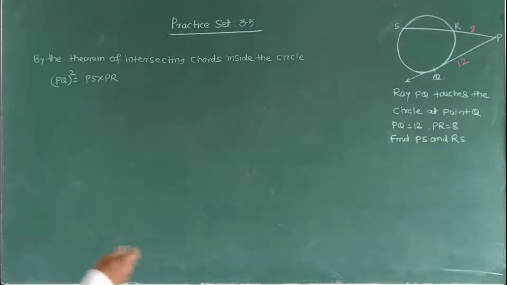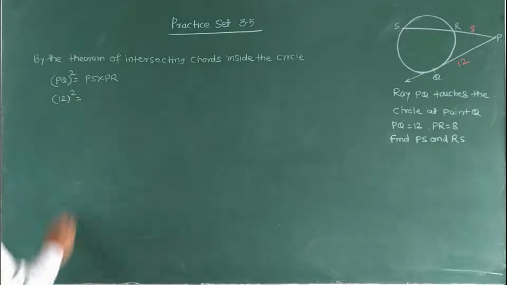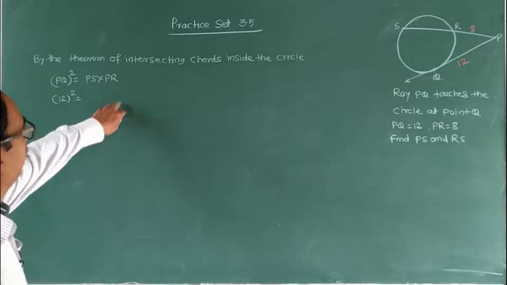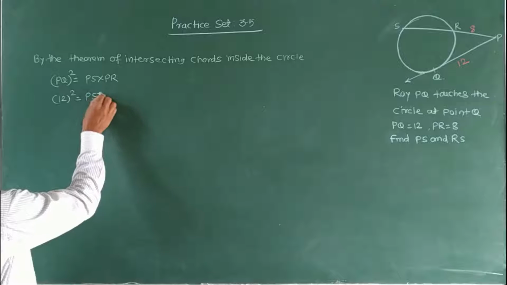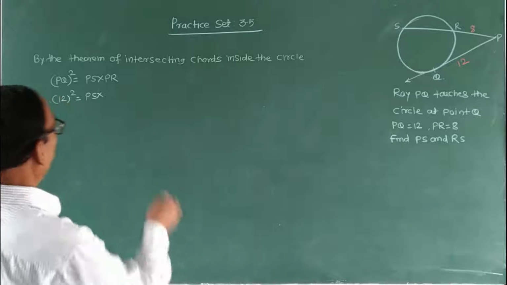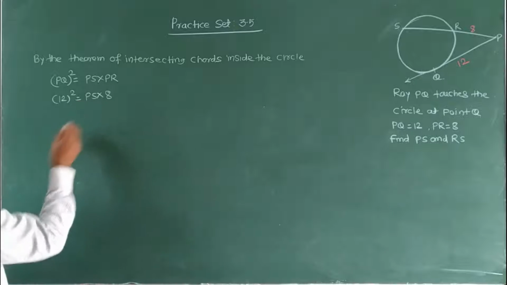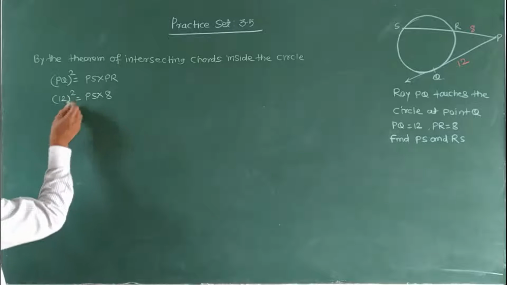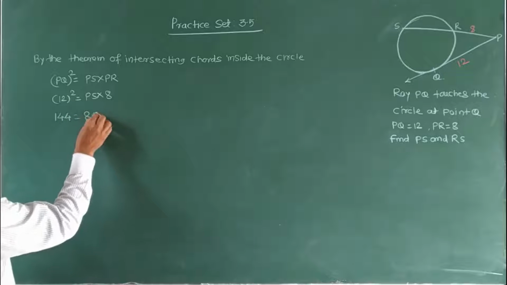We have given PQ is 12. So this is 12 square equal to PS into PR, and PR is given, 8. So here we will find PS. So 12 square is 144 equal to 8 PS.